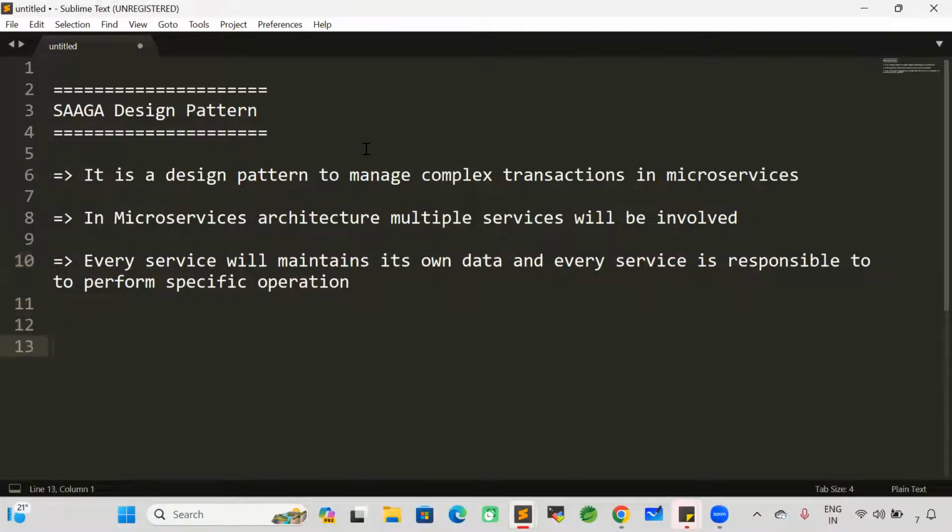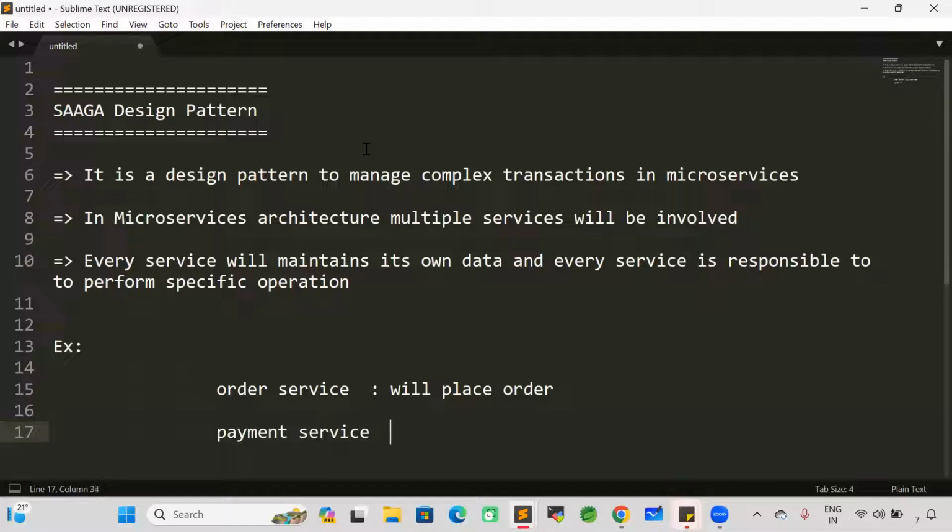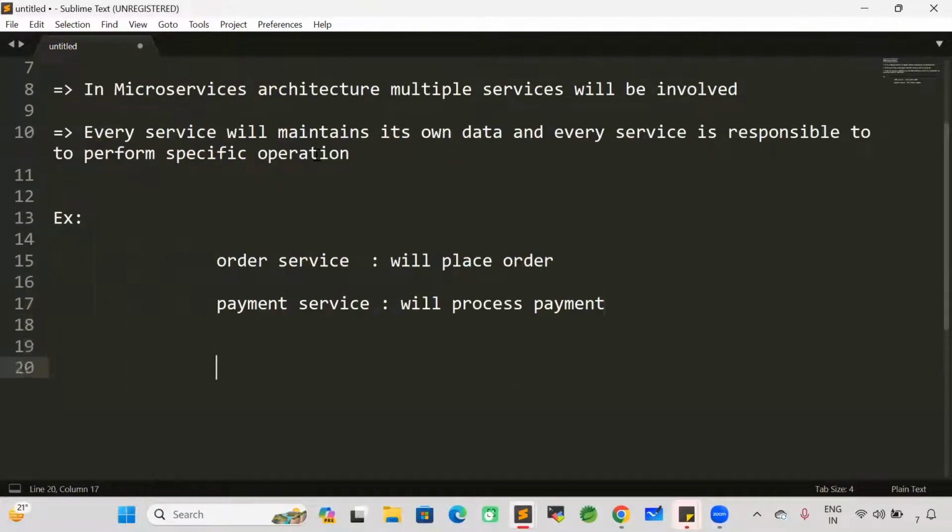Okay. Now, for example, order service will place order. Payment service will process payment. So here order confirmation depends on the payment process.